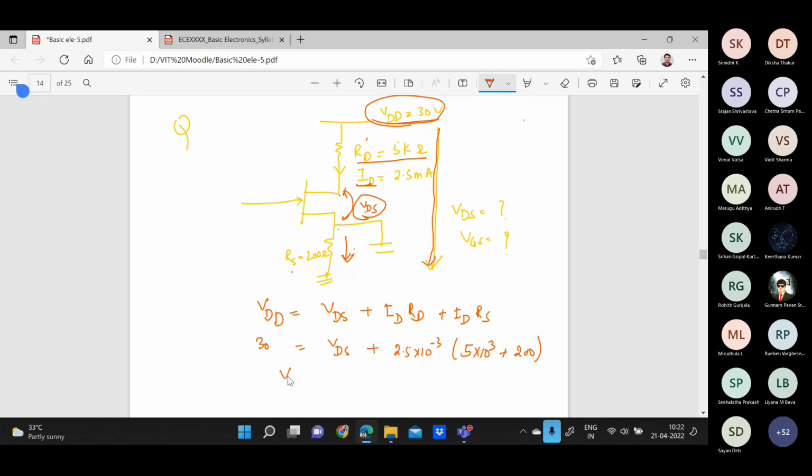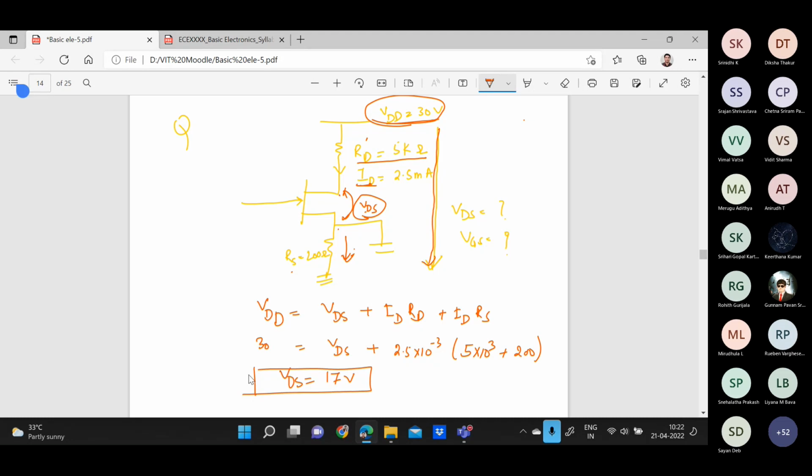Tell me the value of VDS from here. Is it 17 volts? Yes, 17.5 volts.